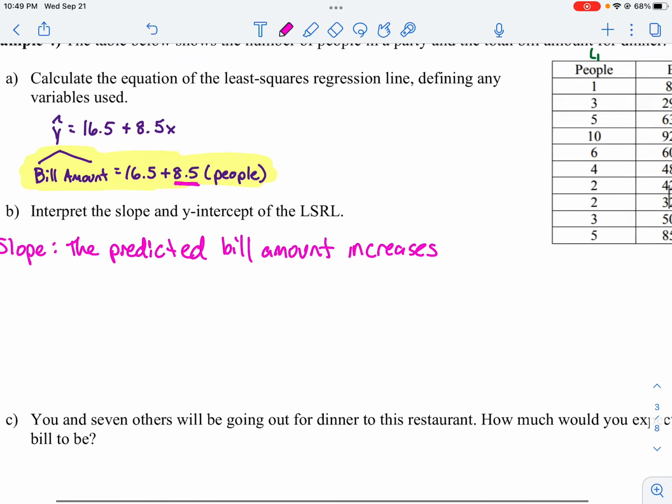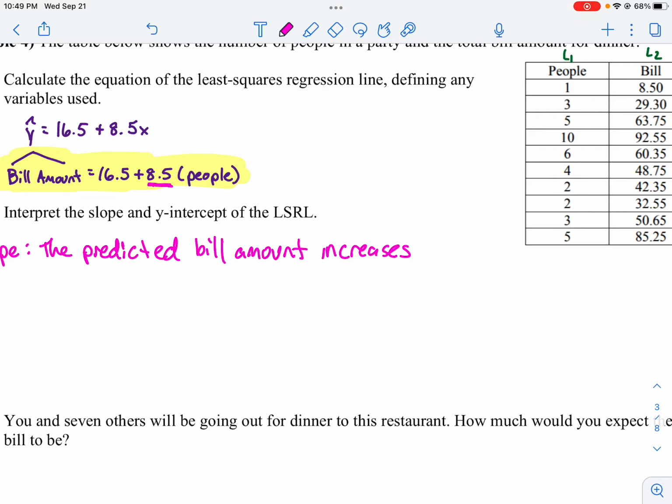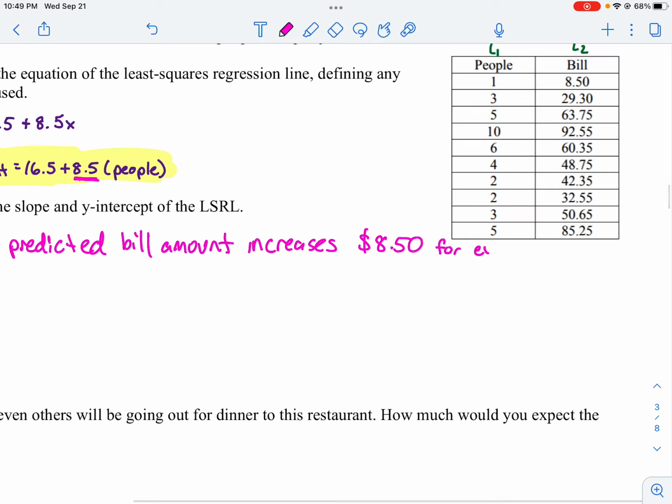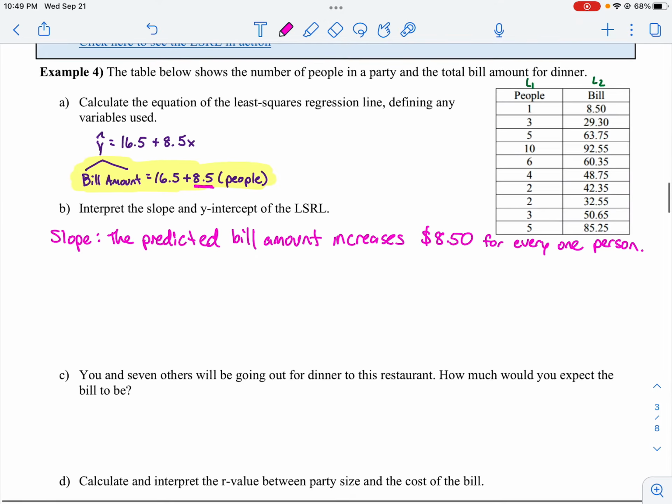The predicted bill amount increases by how much? $8.50 for every one person. As a new person comes to the table, the total bill amount increases by about $8.50.